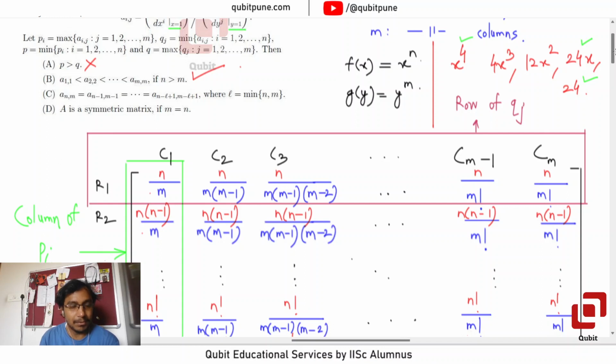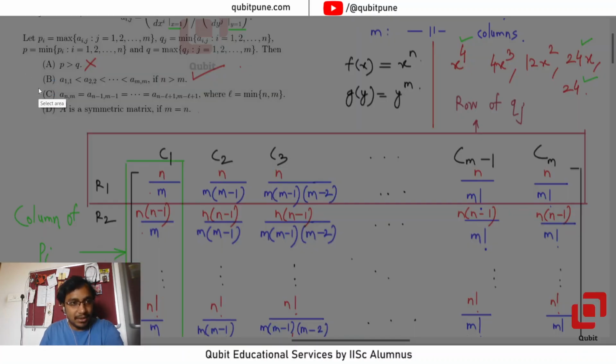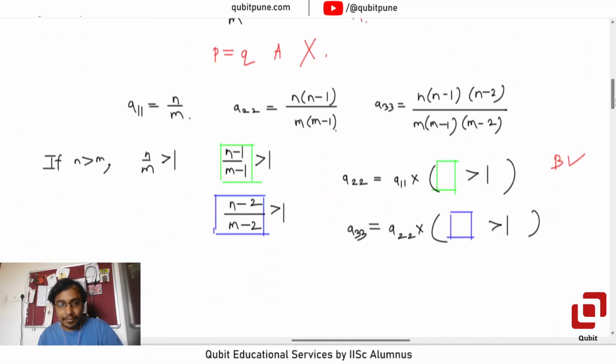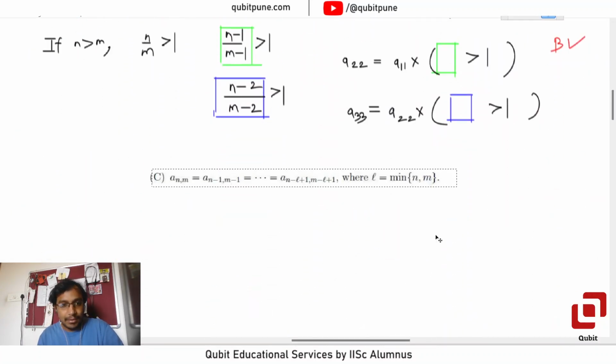Now let us come to option C, where they say ANN is equal to A n minus 1 comma m minus 1, and you have to continue this till A n minus L plus 1 comma m minus L plus 1, where L is the minimum of n and m. Okay, now I'll take C here and put it here.